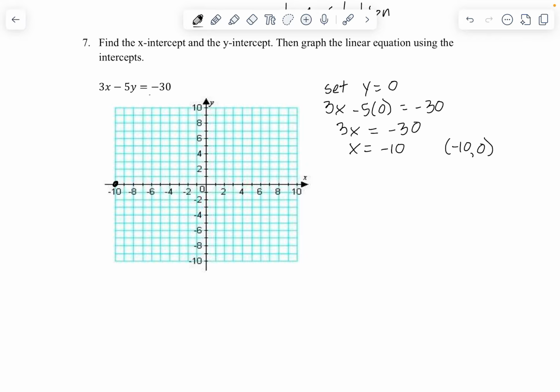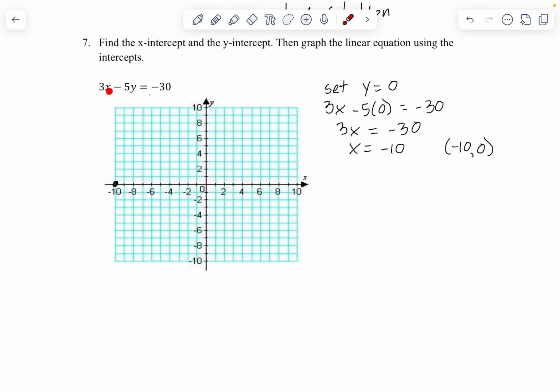That's the x-intercept. The y-intercept is where the graph crosses the y-axis. That is going to correspond to an x value of 0. So to find the y-intercept, I will set x equal to 0 in the equation and solve for y.